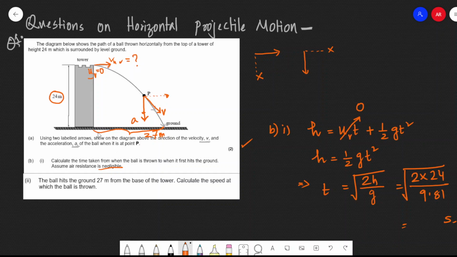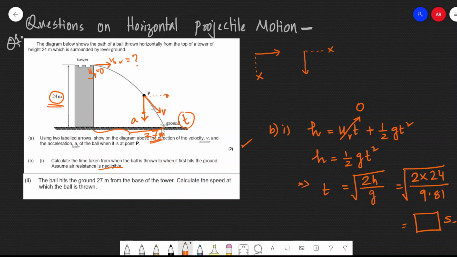We know the time it took to hit the ground, and at this time the object covers this much vertical height and, in parallel, this much horizontal displacement. So the time of flight is the same for horizontal and vertical.